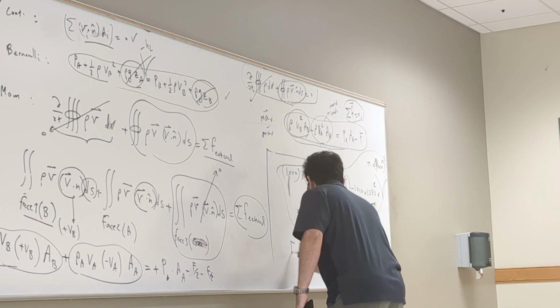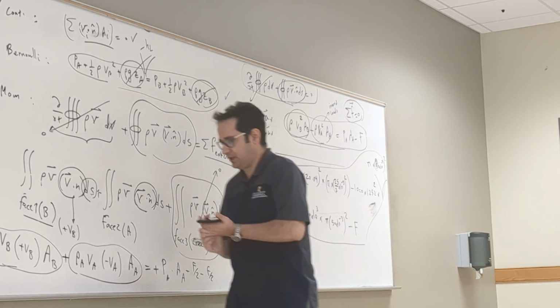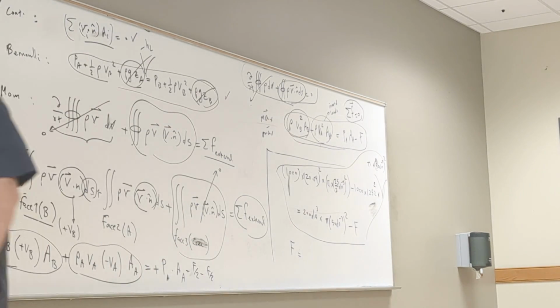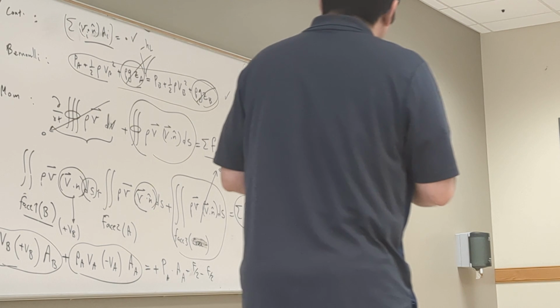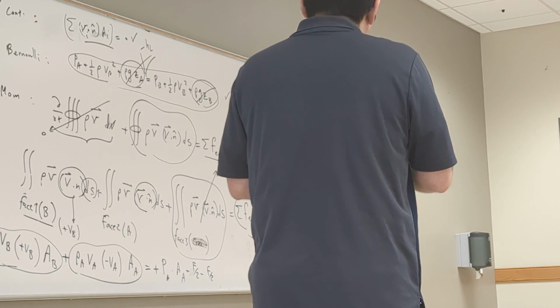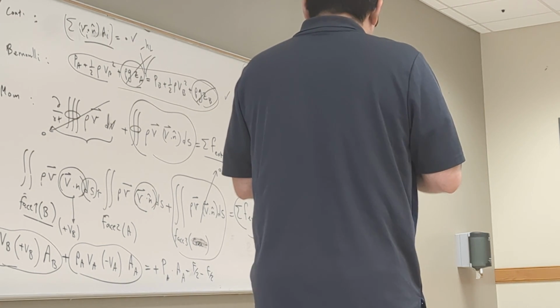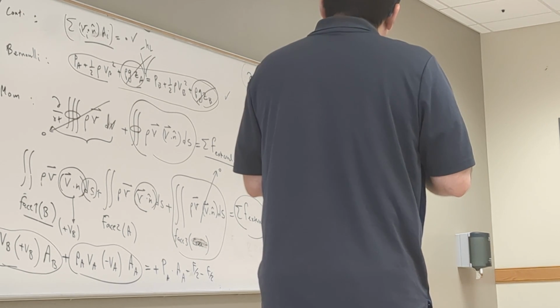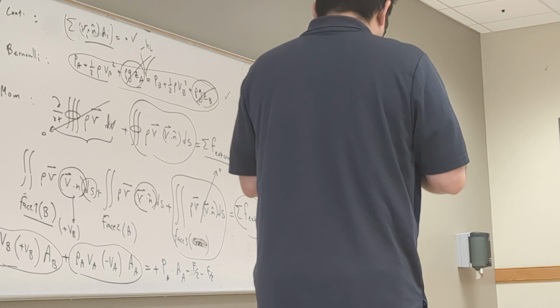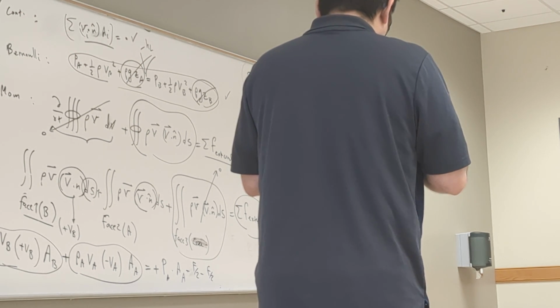You get F is equal to, put it in the calculator, you're almost out of time. 1000 times 20.04 squared times pi.